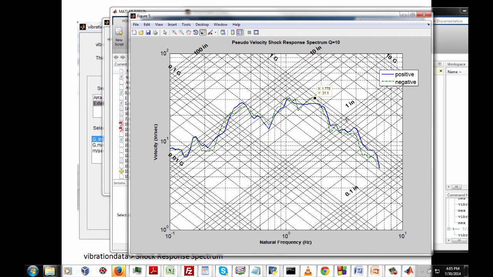There is no such thing as static acceleration. Maybe there's quasi-static acceleration, but the idea is that we would pass an equivalent static acceleration value off to the structural or stress analysis engineers, and they would run a static analysis within finite element modeling in order to determine whether their structure could withstand that so-called equivalent static load.